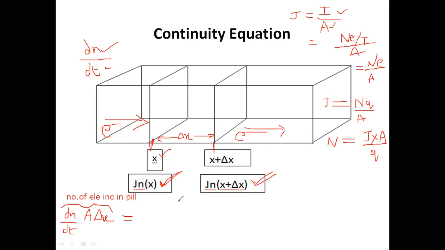So if I write q, then q may be electron or hole. If it is electron, q becomes e. If it is hole, q becomes p. So n into q by A. So n, the number of charge carriers, equals J into A by q.